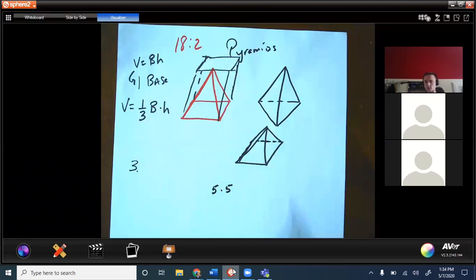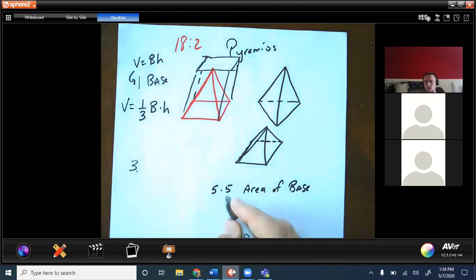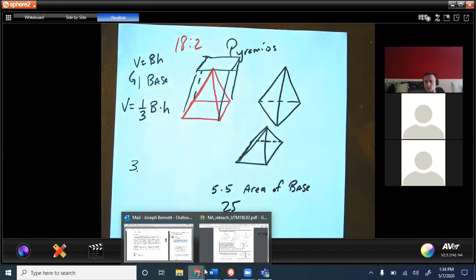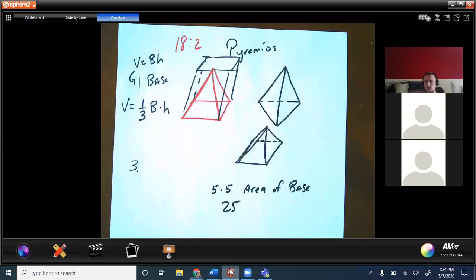It's very similar to this picture. This is the area of the base. So it's 25. And then we have a height of 5. So that's also the same height. Okay, so h equals 5.